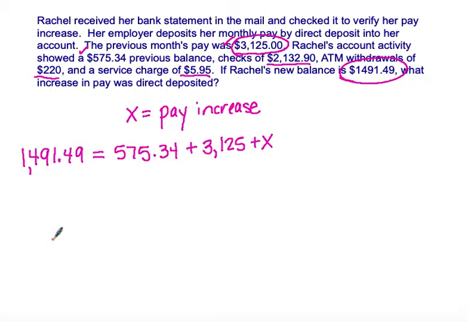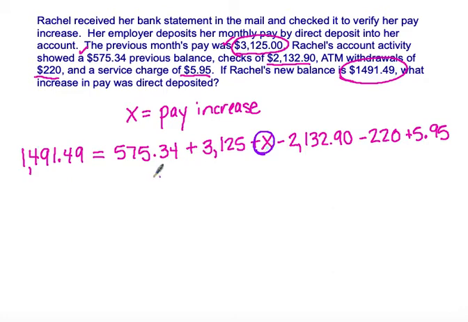Then we're going to subtract her checks from her account. We're going to subtract her ATM withdrawals, and we're going to go ahead and add in her service fee. So I've set up my equation. You can see my variable here. That's going to stand for Rachel's pay increase.